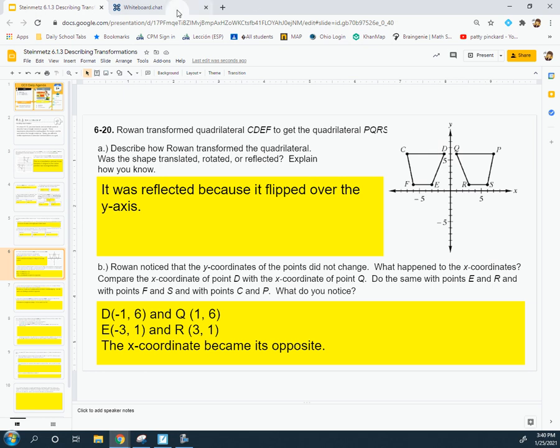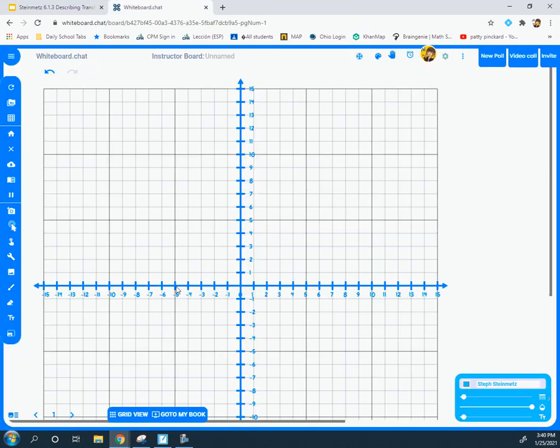Okay. So we would draw that. C was negative 7, 1, 2, 3, 4.